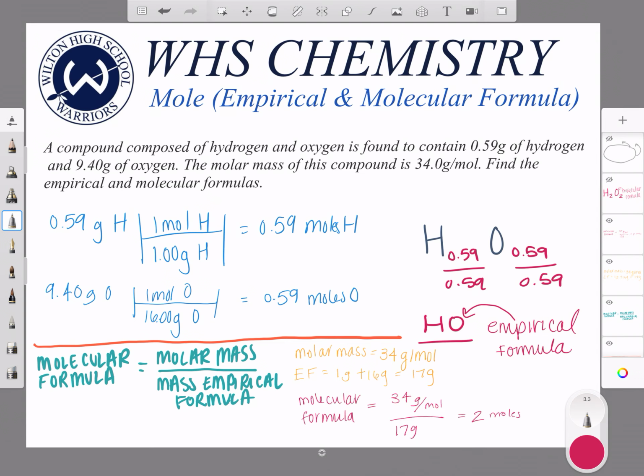If we do the molar mass of 34 divided by 17 grams, we get 2. We can take the 2 and multiply it by our empirical formula to get H2O2 as our molecular formula.